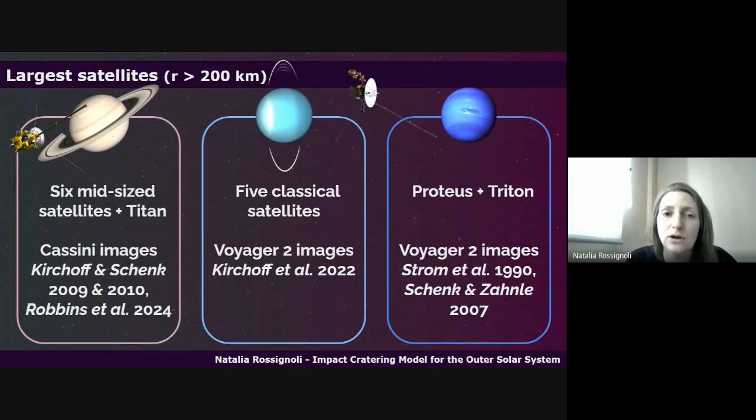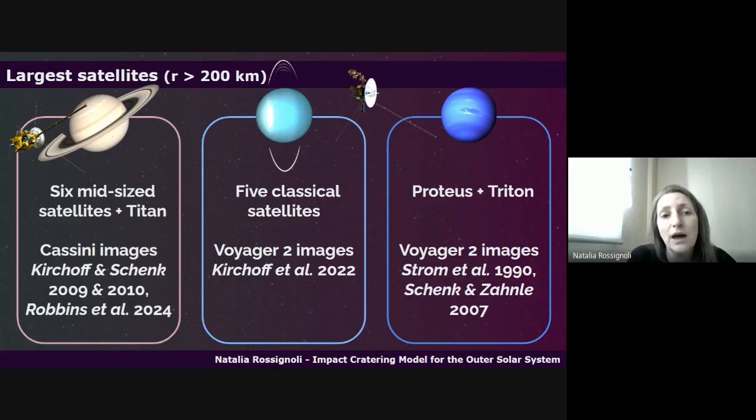So in this talk, I'm only going to present our results for the impact cratering model for the largest satellites of these systems, so the Saturnian, Uranian, and Neptunian systems, and for those satellites that have radius larger than 200 kilometers. This is because it would be too long to present the whole system of satellites, but we have already studied the smaller satellites as well.